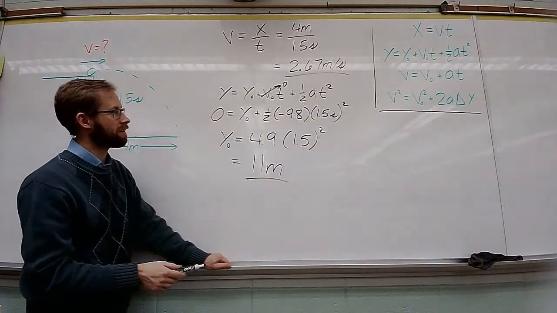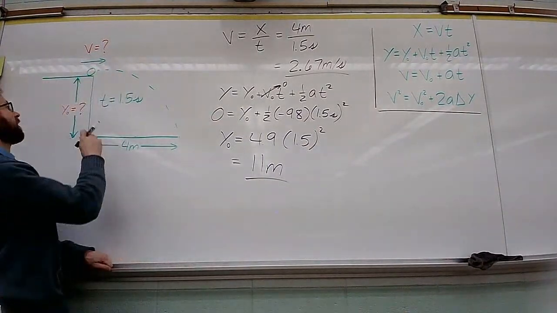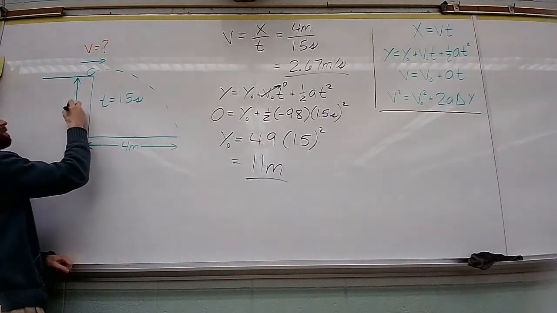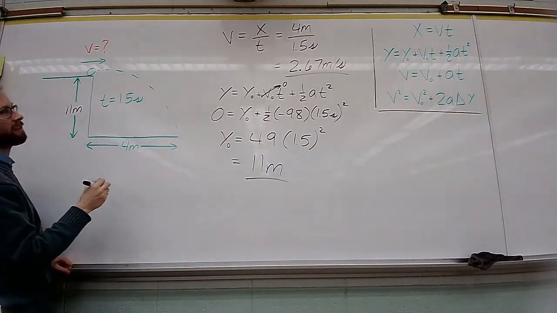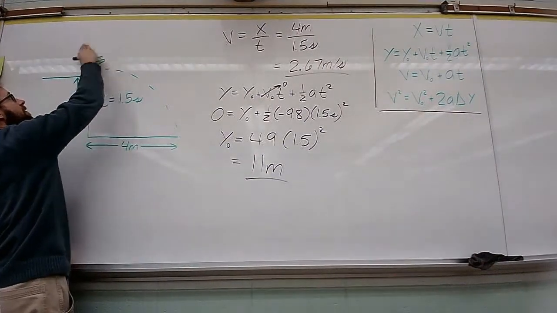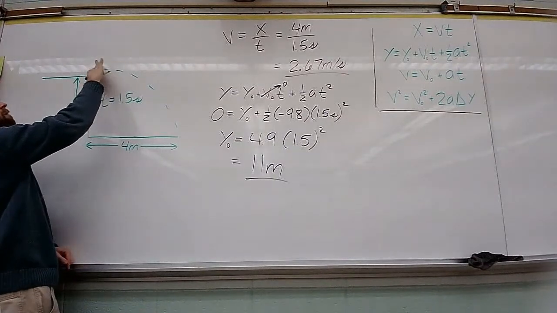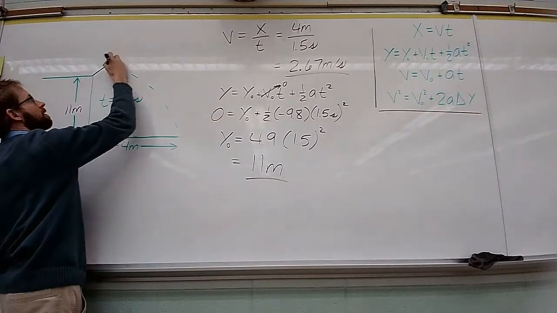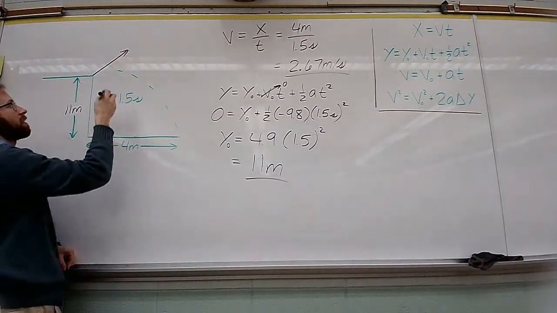So now basically what we're doing is we're saying, okay, the height is 11 meters. The velocity is 2.67 meters per second. But now the object, instead of rolling off the table, is going to be launched at a 30-degree angle.